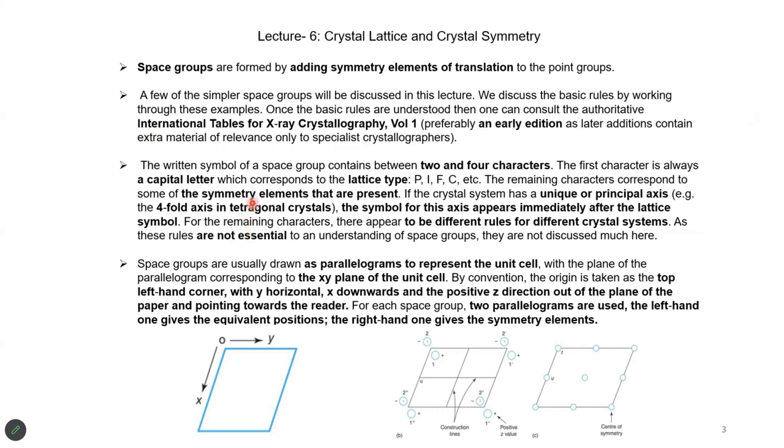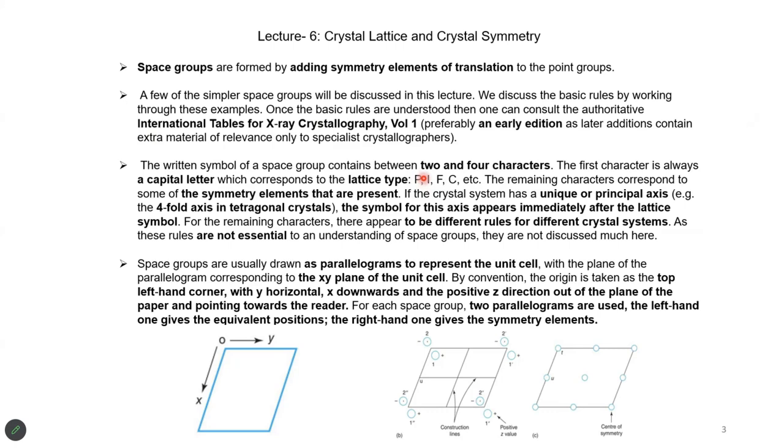A space group contains 2 to 4 characters. The first character is always the lattice type. If you remember, for the 14 Bravais lattices, there are primitive lattices and non-primitive lattices. The first character is always for the lattice type, and it is always written in capital letter.